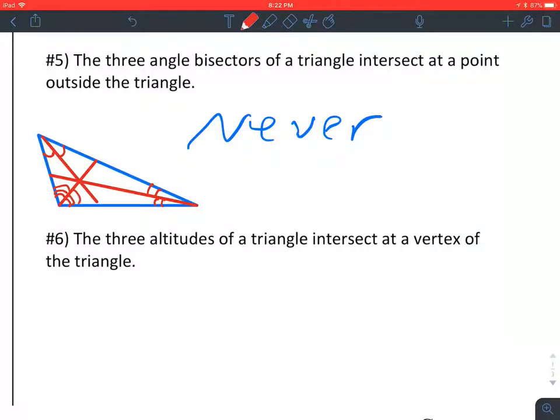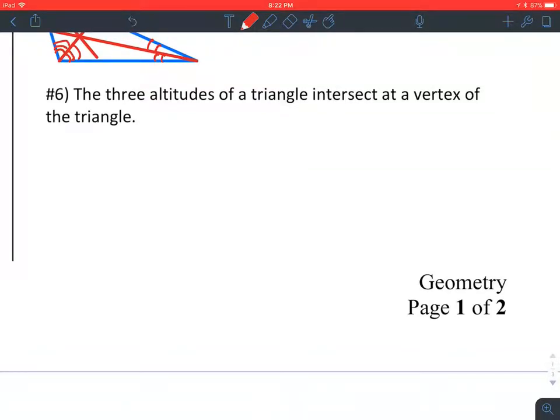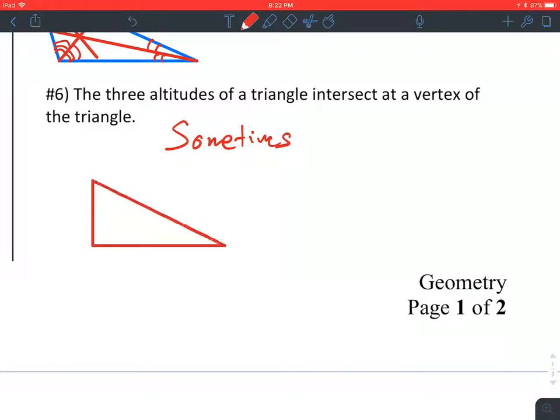So 5 is never. 6, the 3 altitudes of a triangle intersect at a vertex of the triangle. Well, this could happen. So sometimes then, let me give you an example of it happening, and I'll show you one that doesn't happen. So if it happens sometimes and doesn't happen other times, well then it's sometimes.